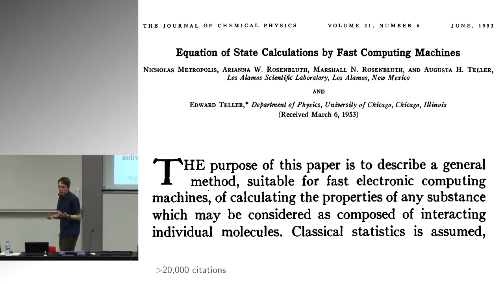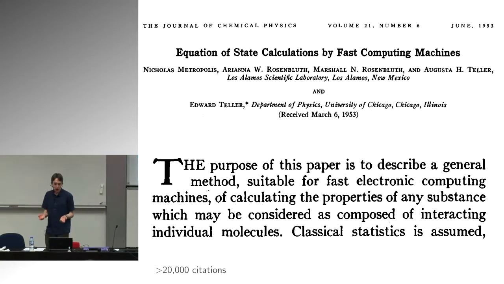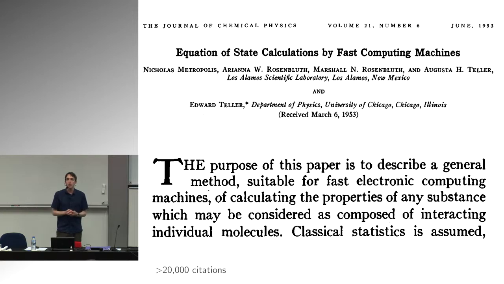In order to understand a physical system or any substance, they could invent their own physical process, their own type of random walk that has nothing to do with the actual physics, that would be more convenient to run on a computer. Apparently that idea, that you could invent your own walk process separate from the physics to explore the same states that the physics would explore, was down to Teller.